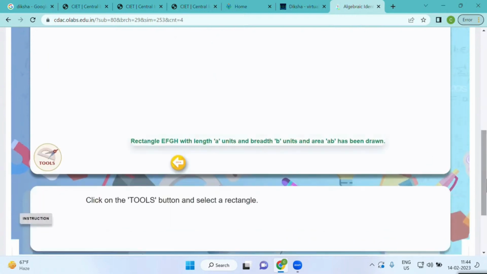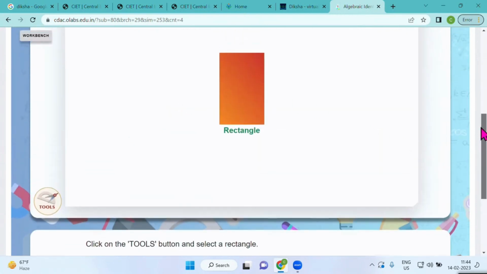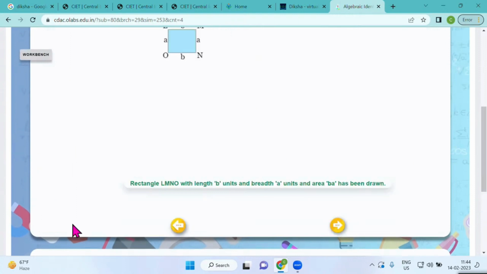For the next, click on the tools button and select the rectangle again. So we have a rectangle with different units: now the length is B units, which is different from the other rectangle, and the breadth is A units, and again we have the same area, in terms of BA.